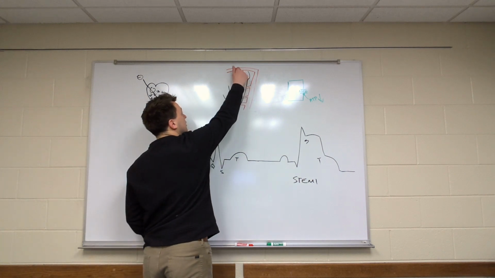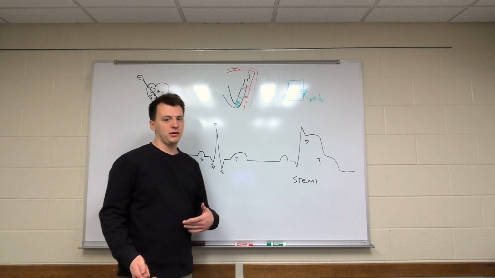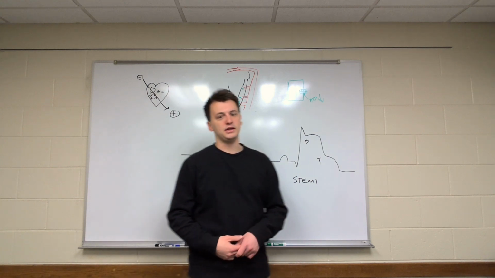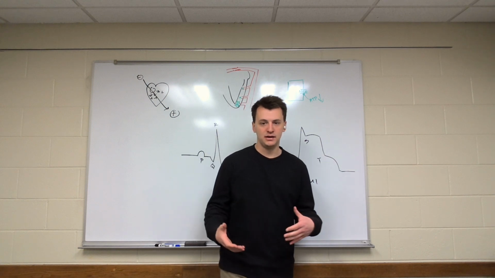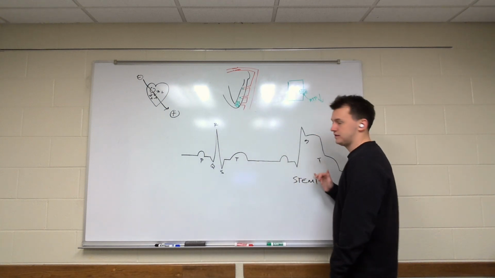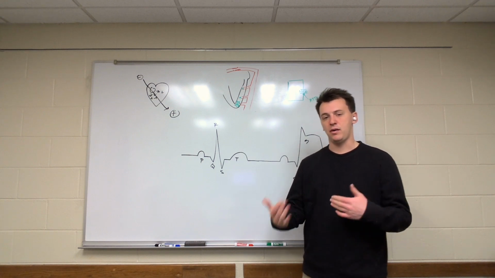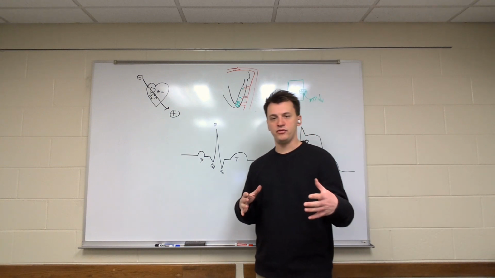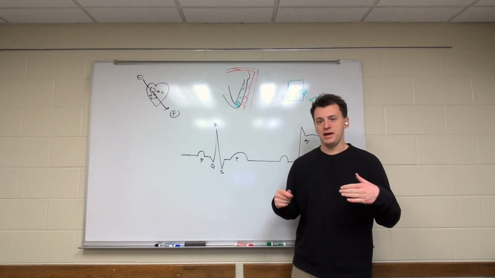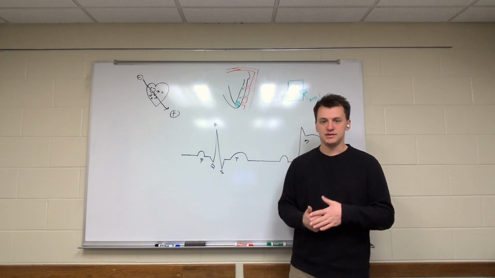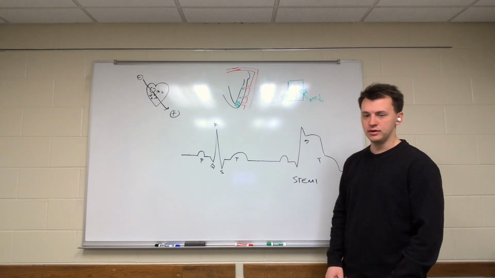So if it was just partially blocked, it's still causing this issue, and it elevates cardiac enzymes like troponin in the blood, but in the ECG we do not see an ST elevation. Versus an ST elevated myocardial infarction, we have a complete blockage of the coronary artery and elevated cardiac enzymes, and obviously an ST elevation.